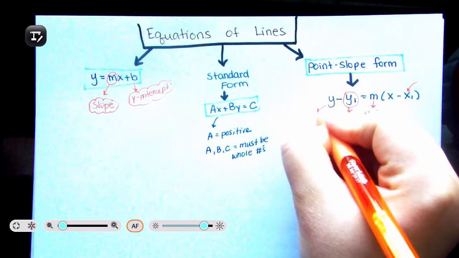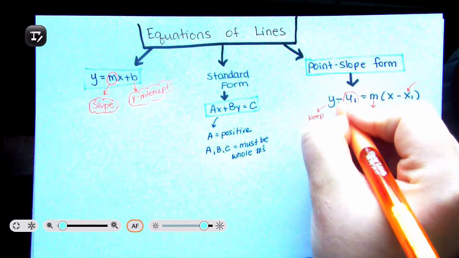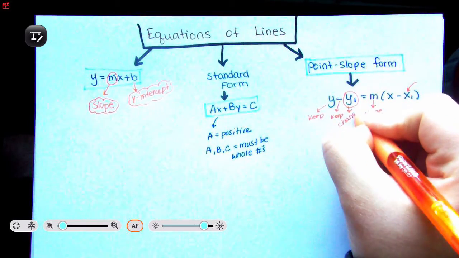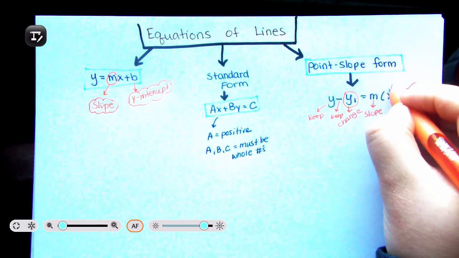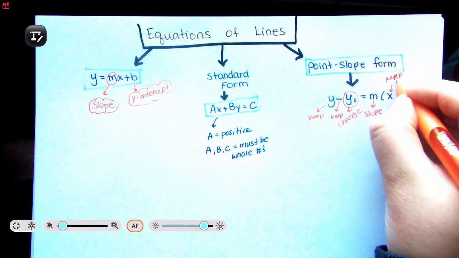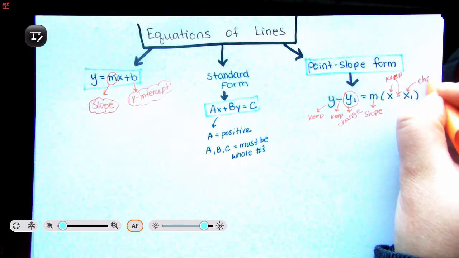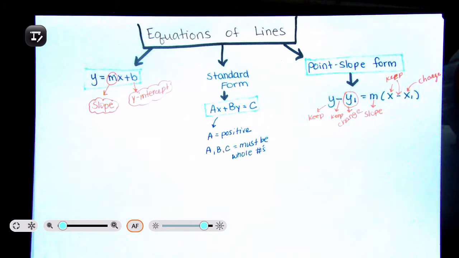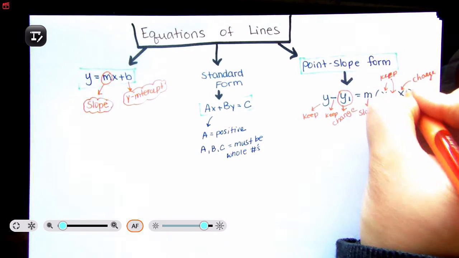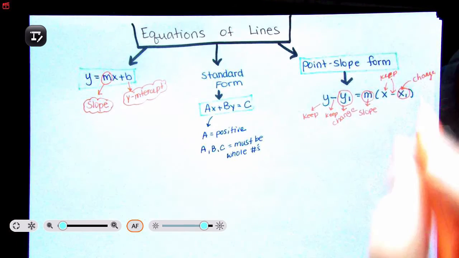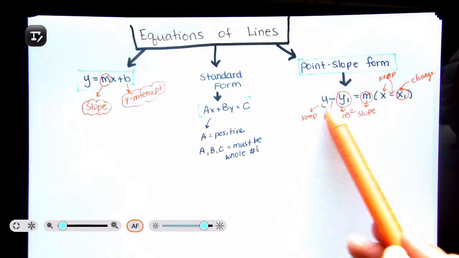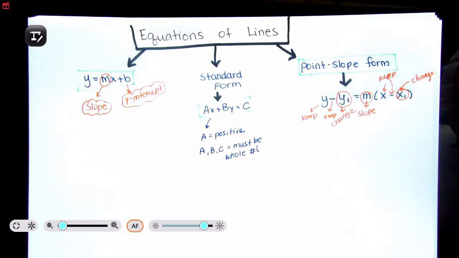When we work with examples, there are only certain things we're going to change in our formula, and we're going to keep our original y and keep our original x. Okay, so we have three.